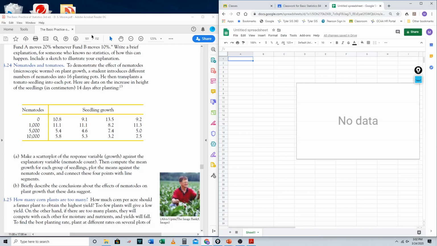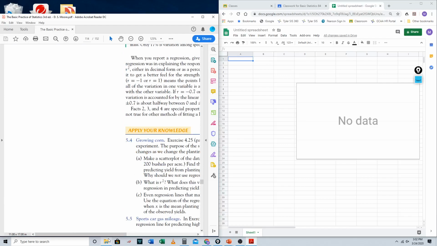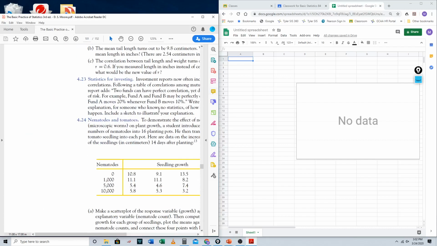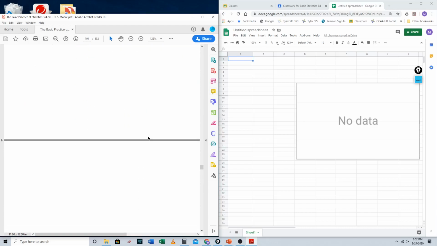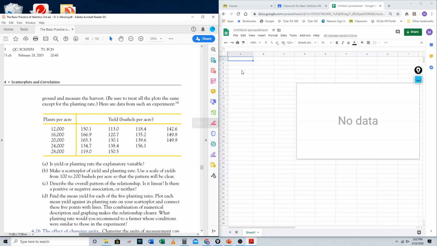Let me go back. Nope, here it is. Okay, so 425. There's the question. So it's plants per acre, and yields.